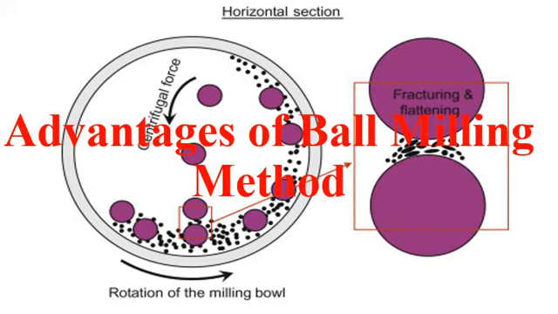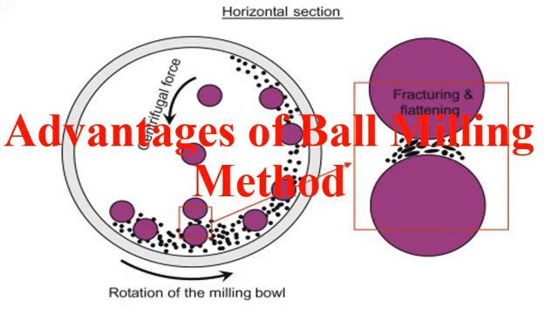So let's discuss what the advantages of the ball milling process are. What do you think? Is there any advantage of the ball milling process? Yes, of course there is. The ball milling method is very simple because nanomaterials are very difficult to prepare, and there are very complex methods like solution-based methods such as the sol-gel process, microemulsion process, miniemulsion process, co-precipitation processes, or high vacuum based processes like pulsed laser deposition, chemical vapor deposition, or physical vapor deposition like electron beam evaporation.